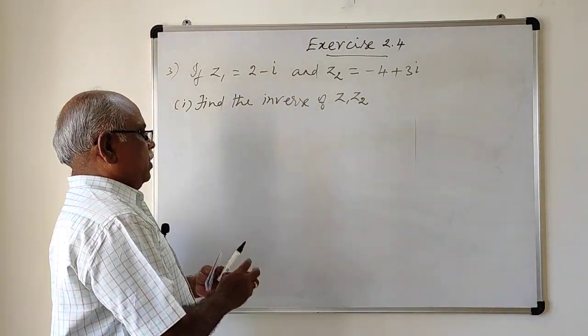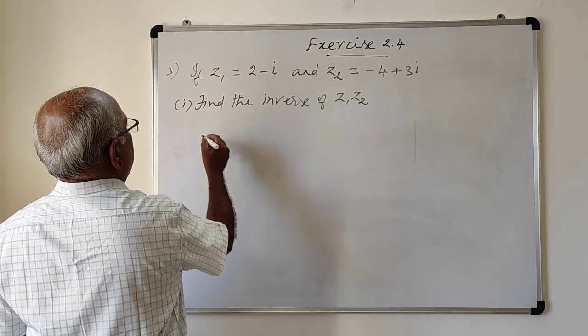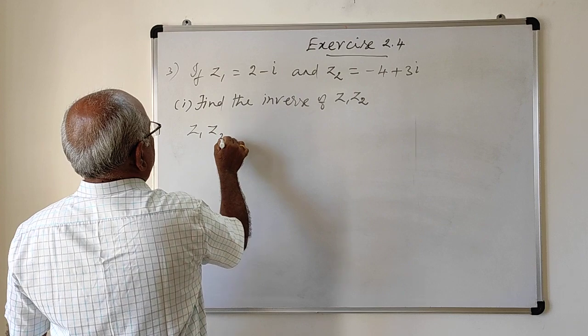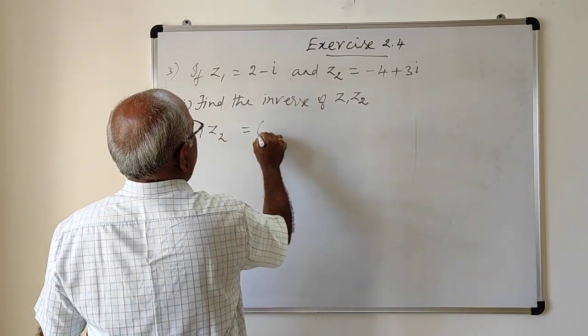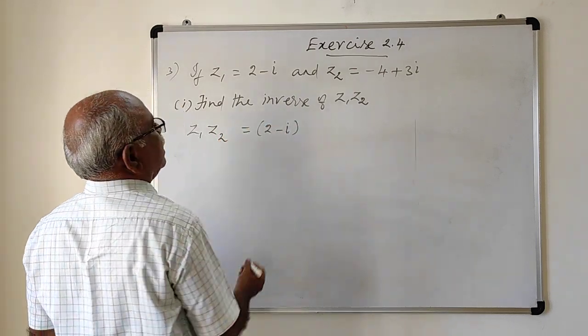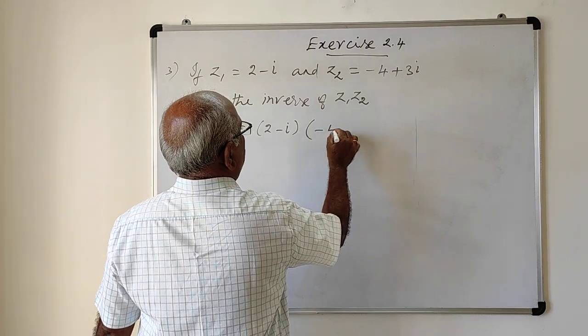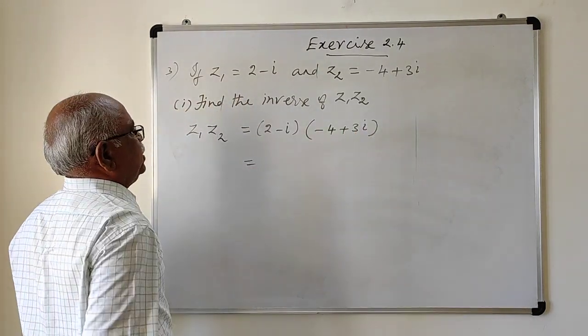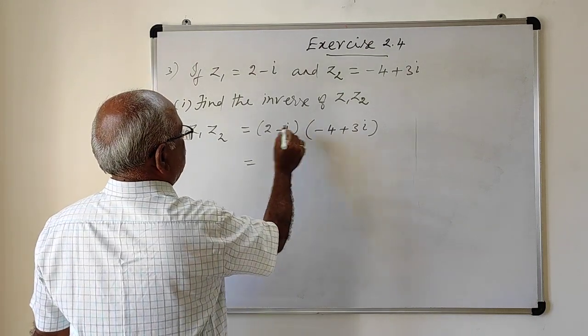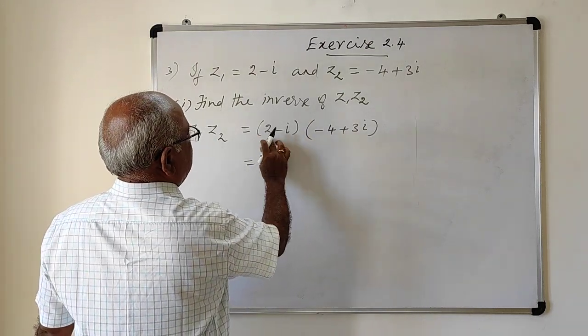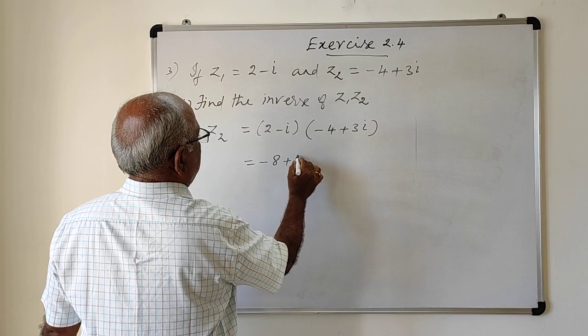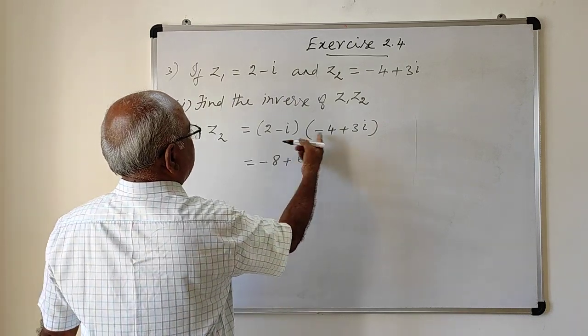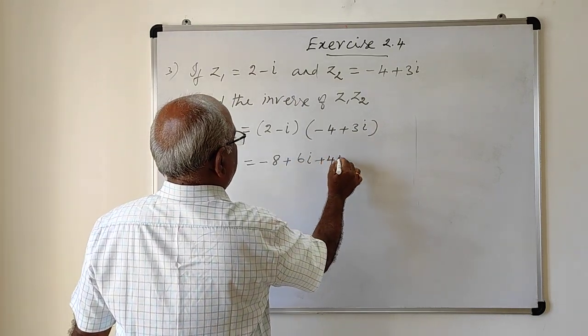For that, you first find out z1 into z2. z1 is 2 minus i, z2 is minus 4 plus 3i. Multiplication: 2 into minus 4 is minus 8. 2 into plus 3i is 6i. Minus i into minus 4 is plus 4i.